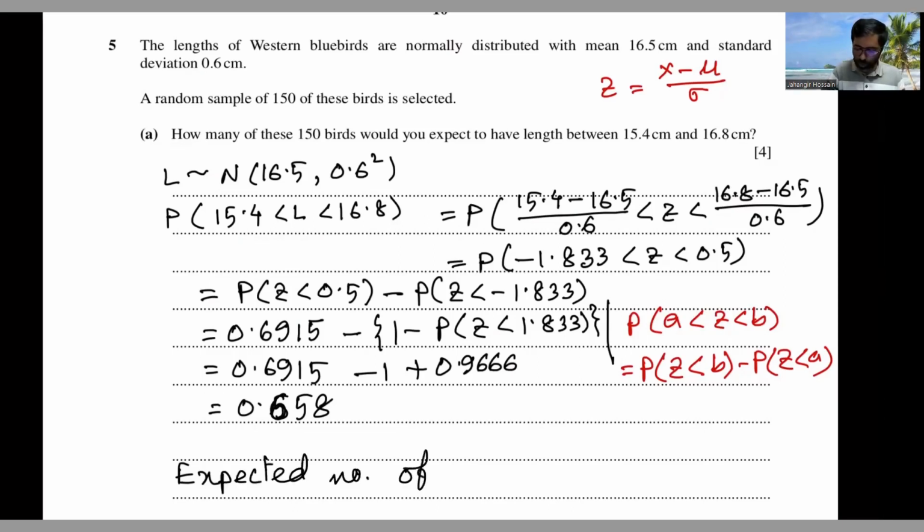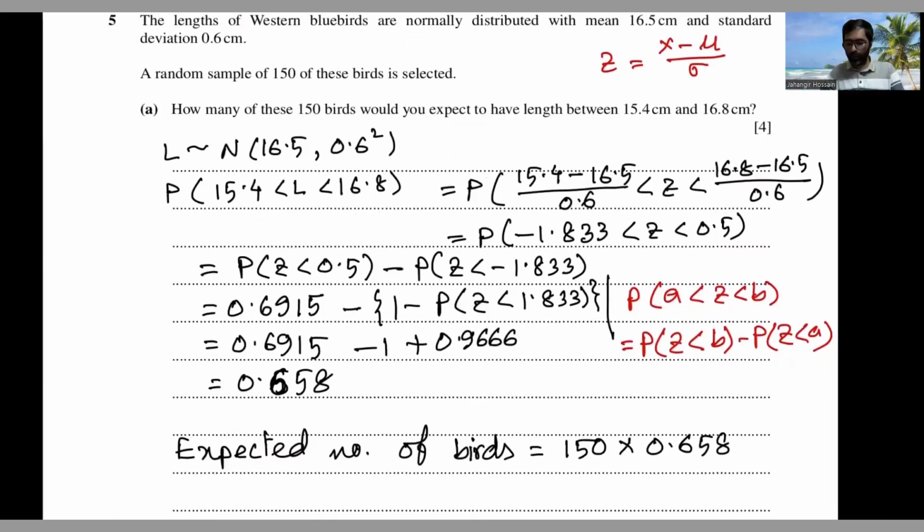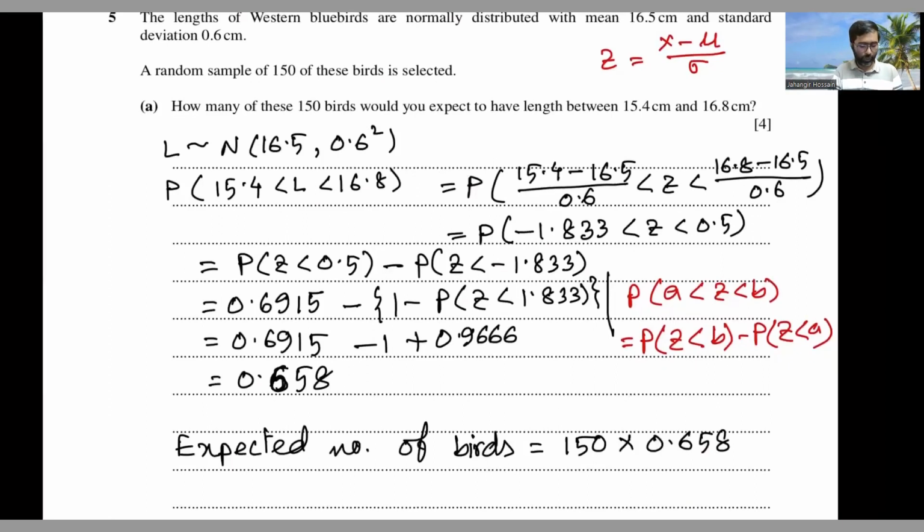Now, the expected number of birds whose length lies between 15.4 centimeters and 16.8 centimeters will be the total number of birds times the probability. Total number of birds we have in the sample is 150. The probability is 0.658. So it will be 150 times 0.658, which is 98.7.